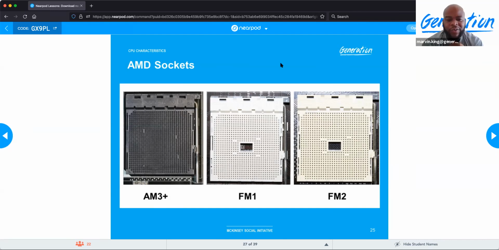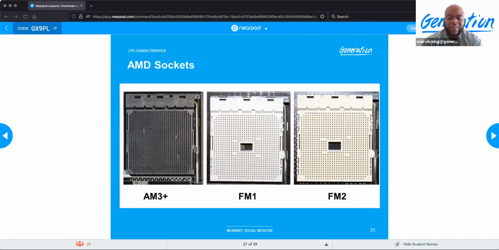If I told you that AM3 plus had more pins, more holes, what would that suggest to you? Just what could that do for me? Process faster. That's it.